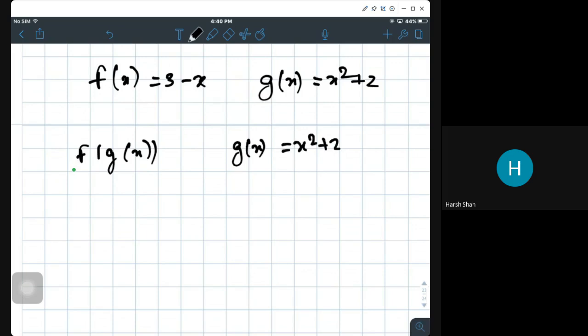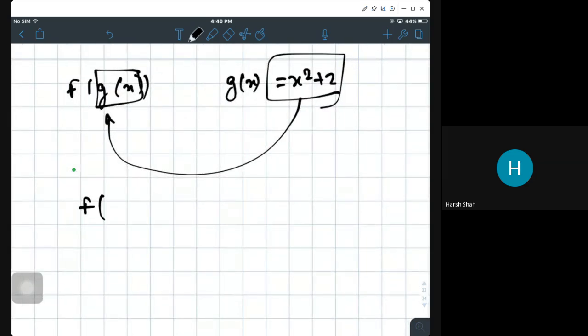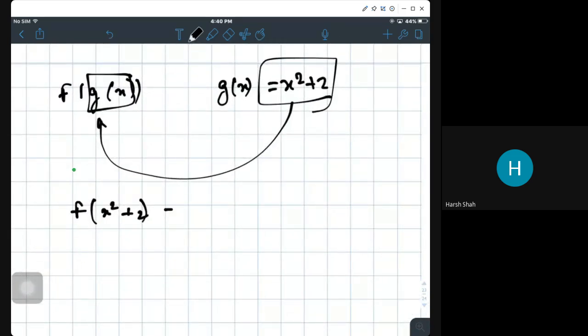Now this whole thing I put in place of x in f. So I have f of x squared plus 2. What was my f? 3 minus x. So instead of this x, this whole thing comes here: 3 minus (x squared plus 2). This is your composite function.